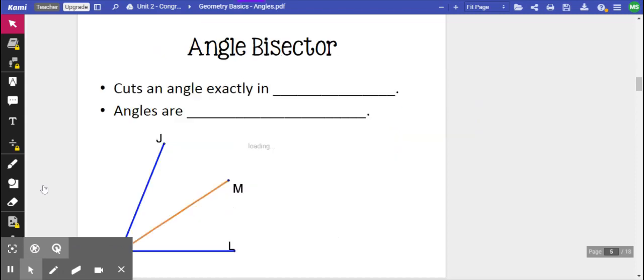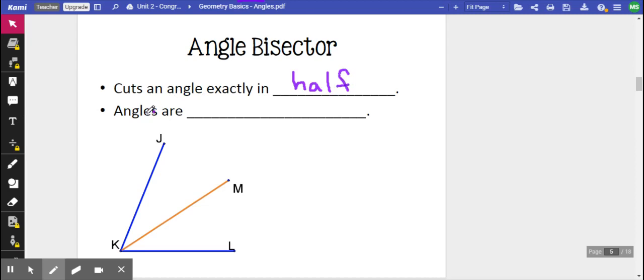Our next definition is an angle bisector, and it is defined as when an angle is cut exactly in half, or in two, however you want to put that. And the angles are going to be either congruent or equal, and we'll write both down here.